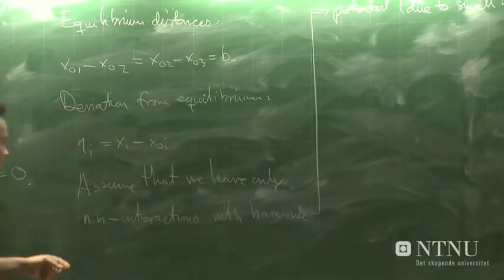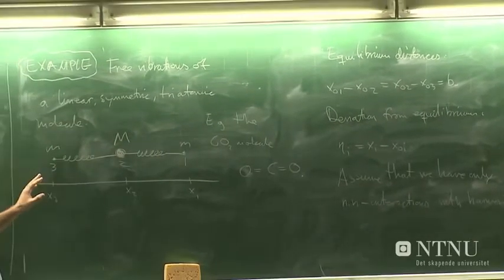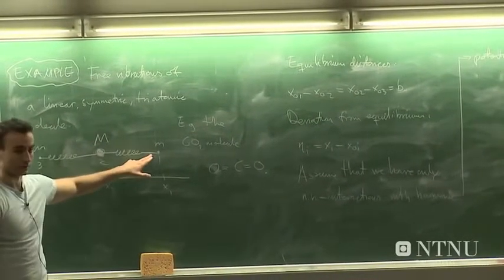So assume that we have only nearest neighbor interactions with a harmonic potential due to the smallness of this eta. So by nearest neighbor, I mean that we only have an interaction between the oxygen atom and the carbon atom, and not any interaction between the two oxygens.